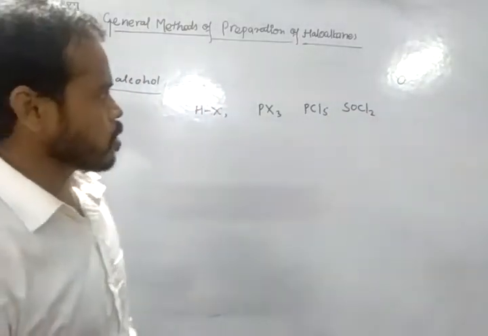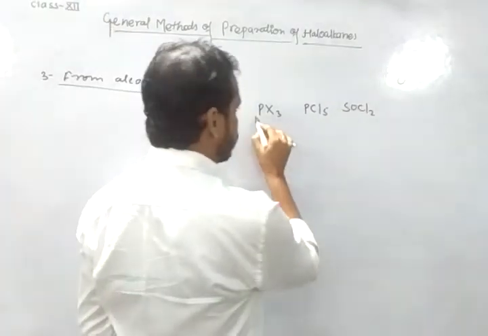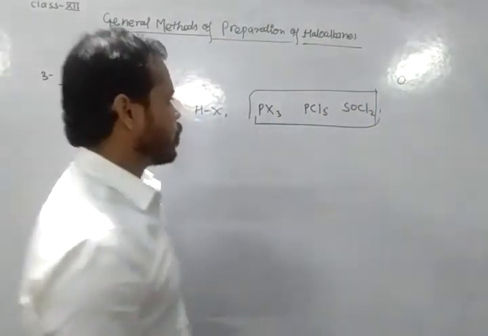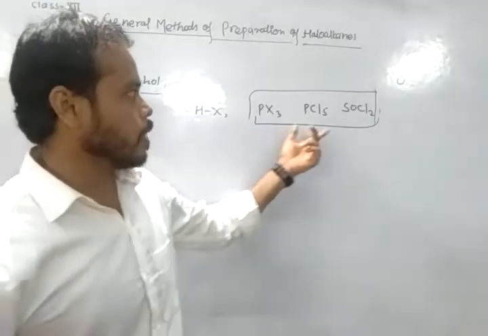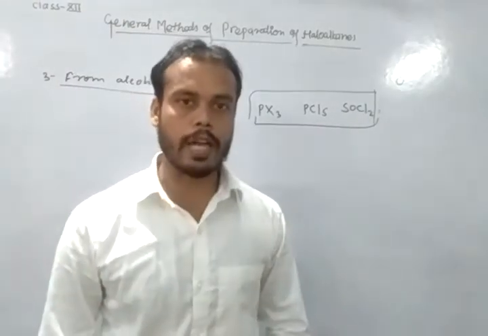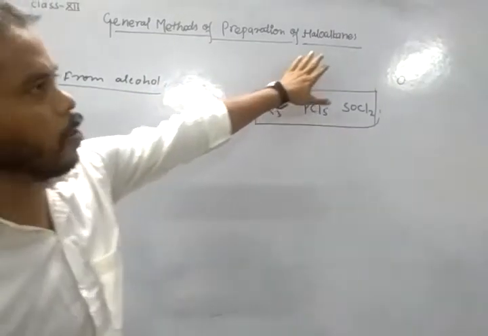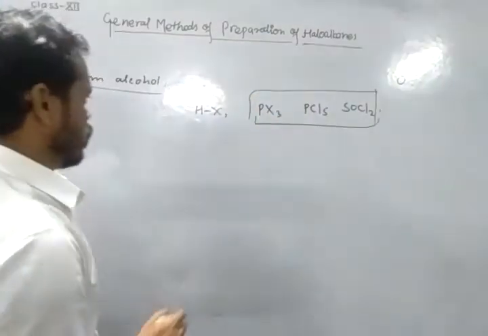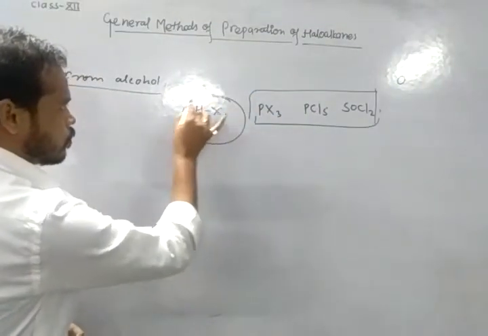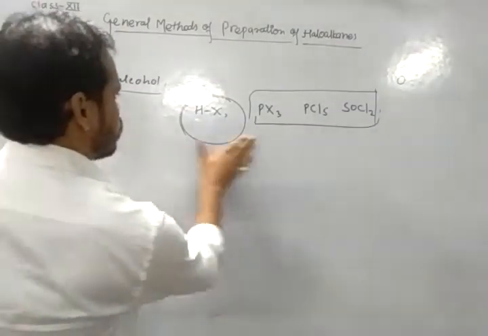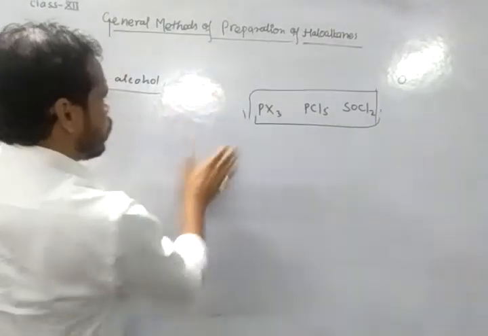But in your reduced syllabus only three methods are given. That means we have to take PX3, PCl5 or thionyl chloride and treat it with the alcohol to form haloalkanes. HX will not be taken here.